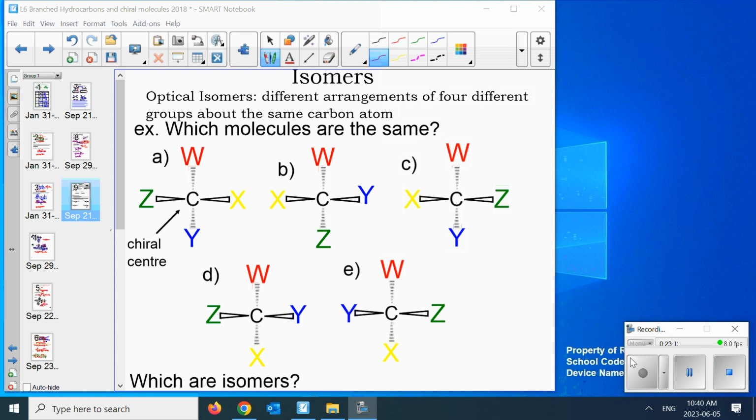They're different arrangements of 4 different groups around the same carbon atom, as Zach mentioned. The center is carbon. I'm not worried about what XYZ is. They could be chains with carbons attached to them. It could be chlorines, it could be hydrogens, all kinds of things. They're 4 different things. So I'm going to stand up with one of my molecules.